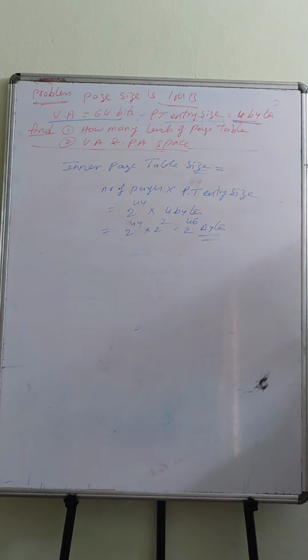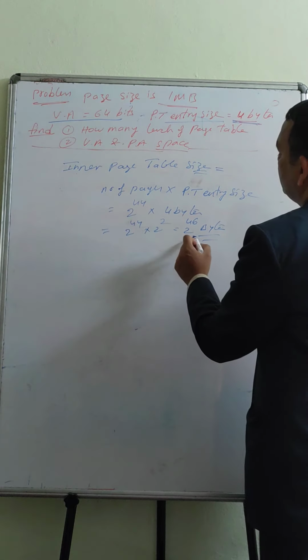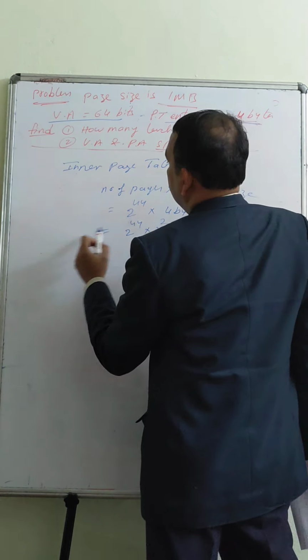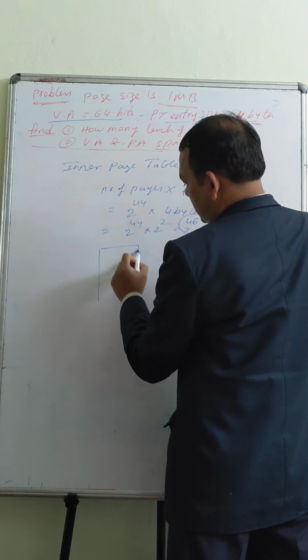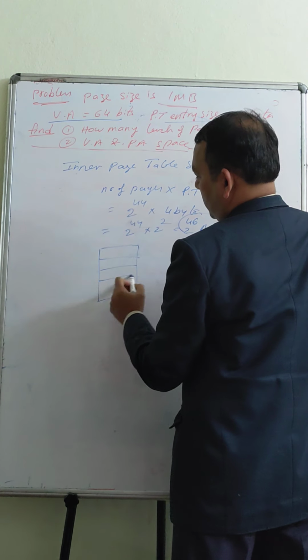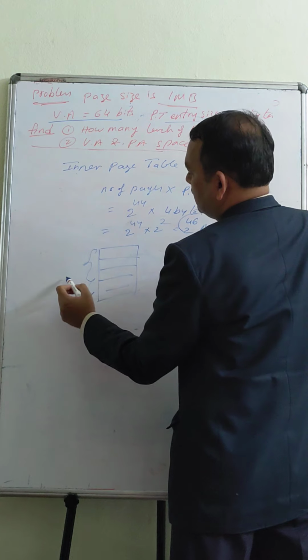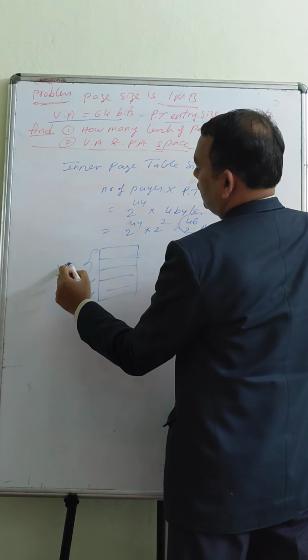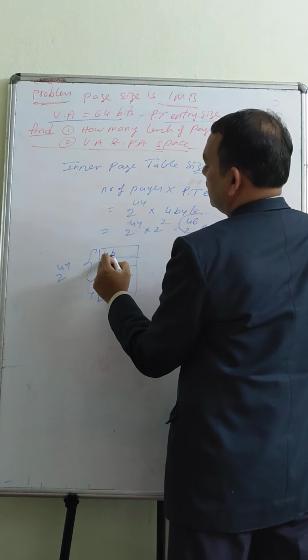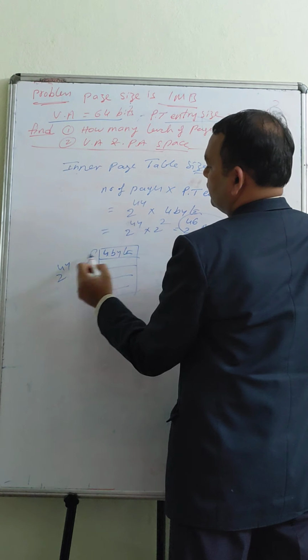What is this 2 power 46 bytes? Definitely, 2 power 46 bytes is greater than 1 MB. So this 2 power 46 bytes is the size of the page table. Total number of pages is 2 power 44, each one 4 bytes.